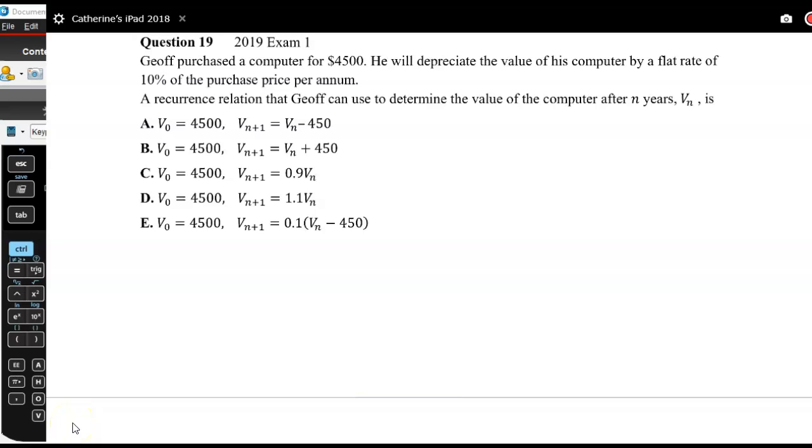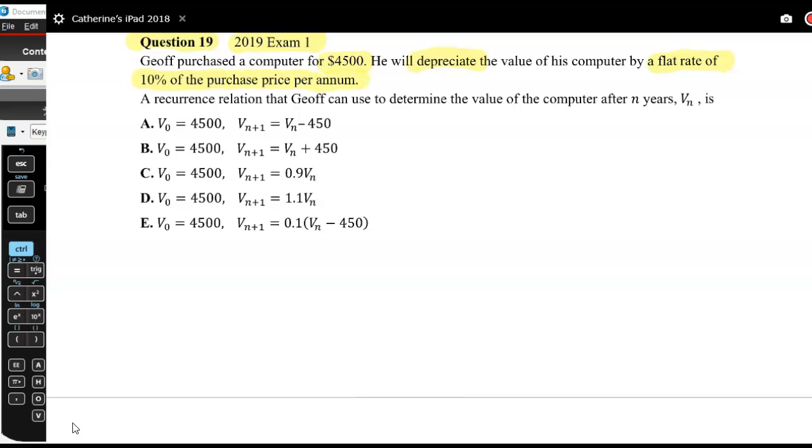Okay, so first up, let's look at question 19 from the 2019 exam 1. Jeff purchased a computer for $4,500. He will depreciate the value of his computer by a flat rate of 10% of the purchase price per annum.